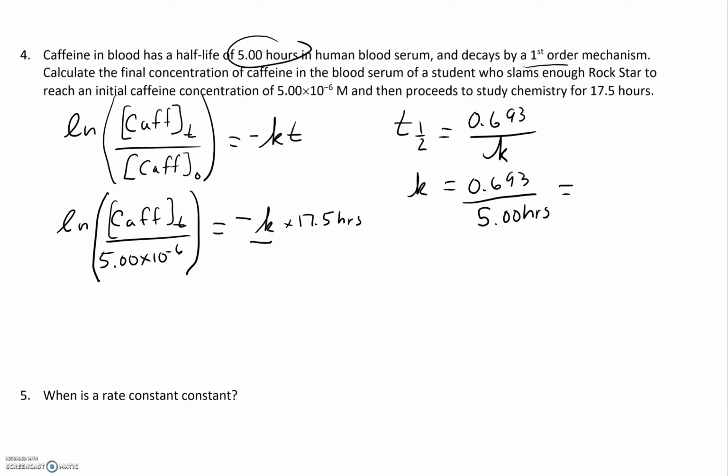So we know that k is going to have a value of 0.139 hours to the minus 1. Don't forget the units.